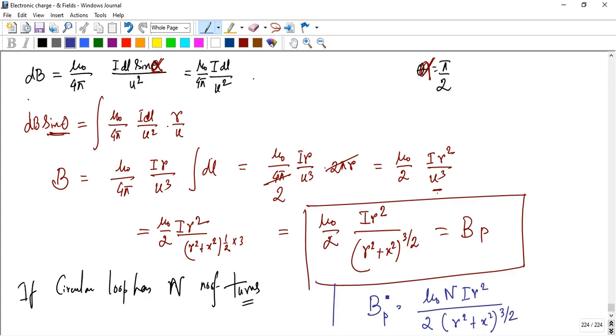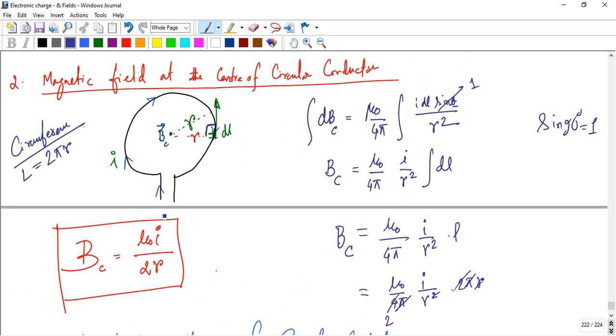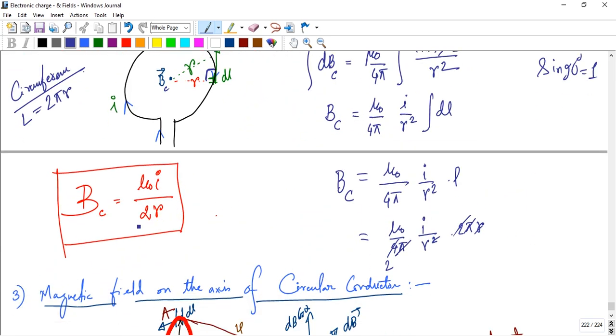Same case here: if the circular conductor has N turns, then B equals mu 0 N I by 2r.